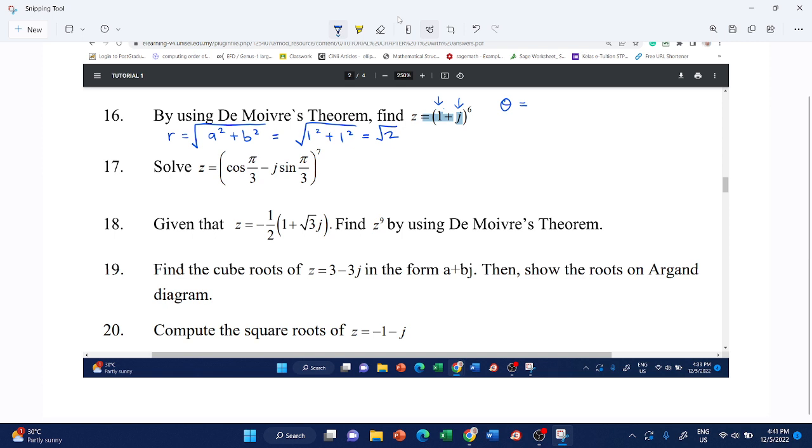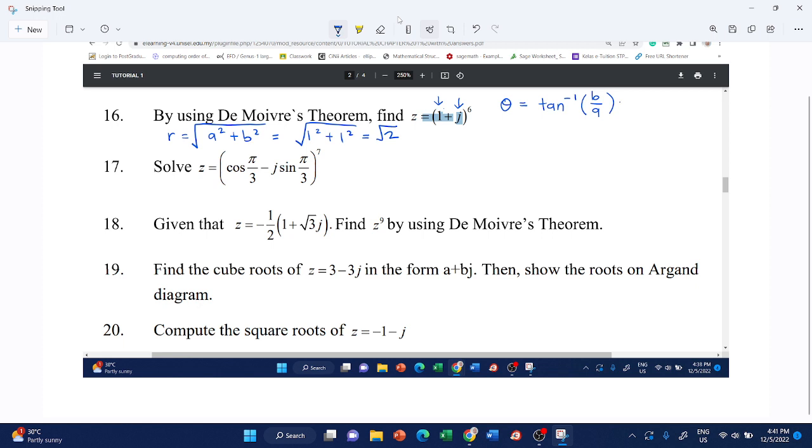Remember? Inverse tangent? What I mean is the general formula to find the argument, or theta. Yes, b over a, correct.